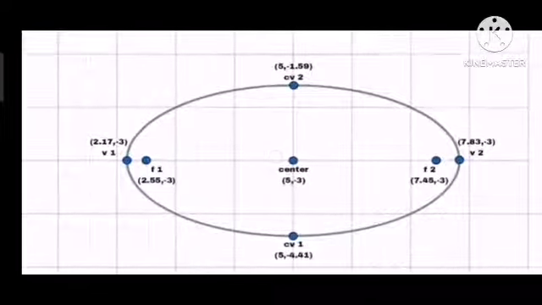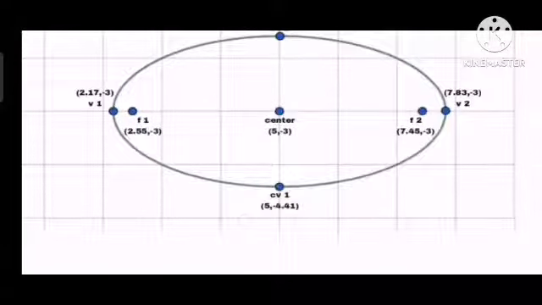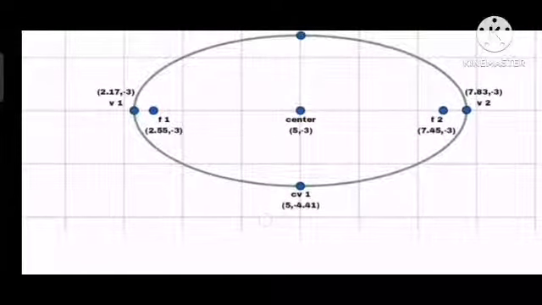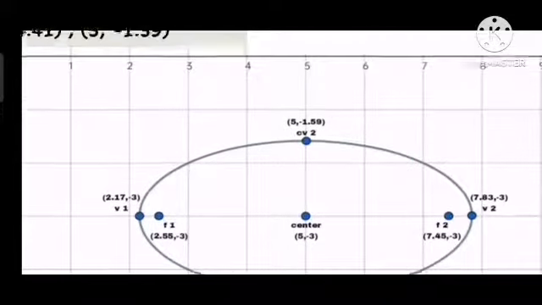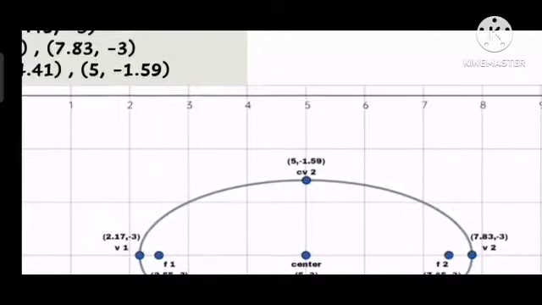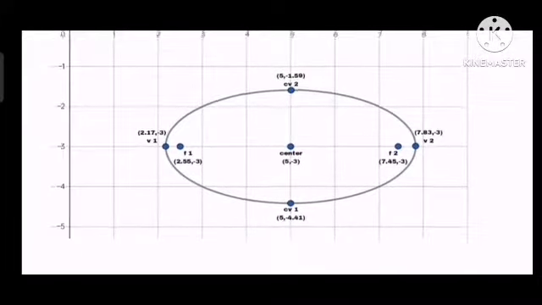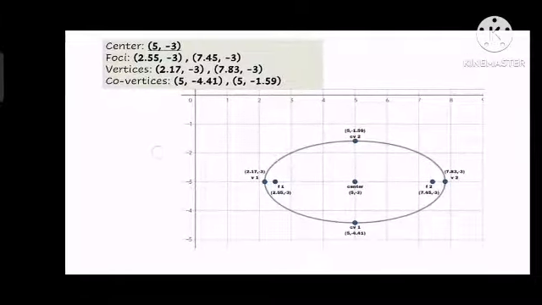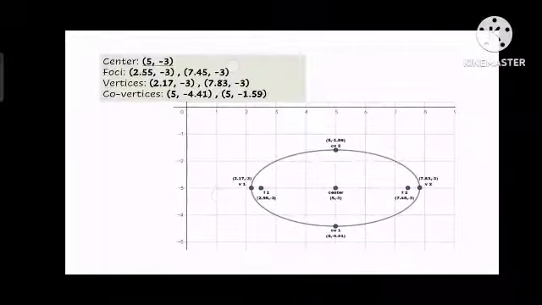So, here, the co-vertices. First, we have (5, negative 4.41). Then, the second, (5, negative 1.59). So, ta-da. This is the graph of the ellipse, which is horizontal.